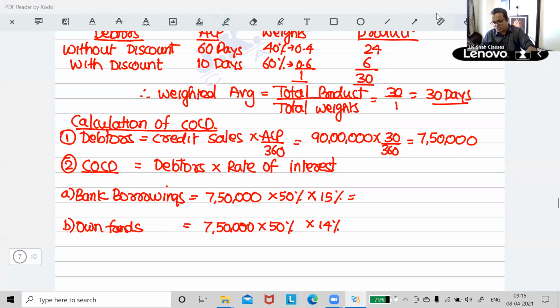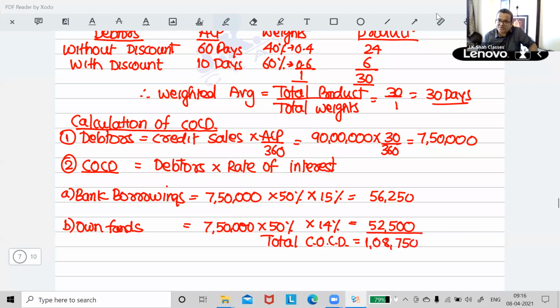So 375 into 15% is 56,250. And 750 into 50% into 14% is 52,500. So my total cost of carrying debtors with different rates of interest is 1,08,750.